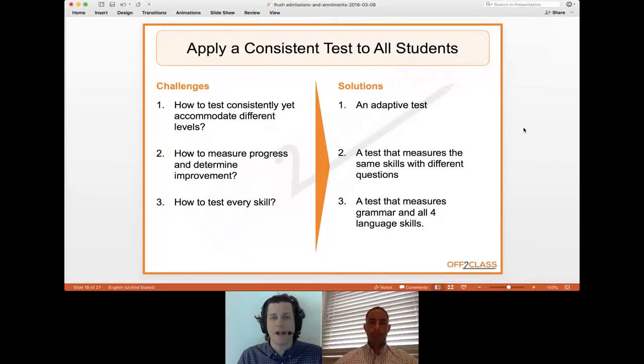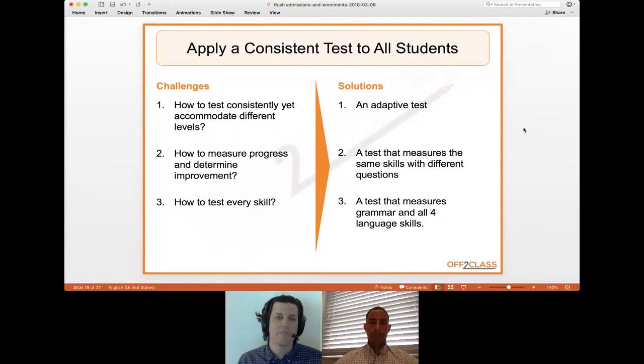So these three key practices: having a test that adapts, making sure that it tests the same skills with different questions, and testing all four key language skills in addition to grammar, that's what we're looking for when we're designing tests that are going to meet this consistency criteria.